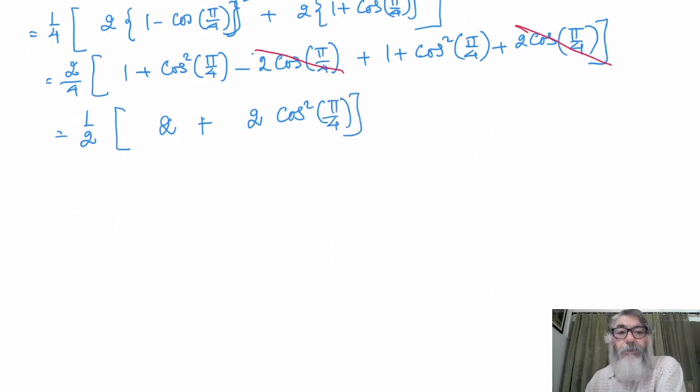Then that 2 will also go out. What will it become? Where have I made the mistake?